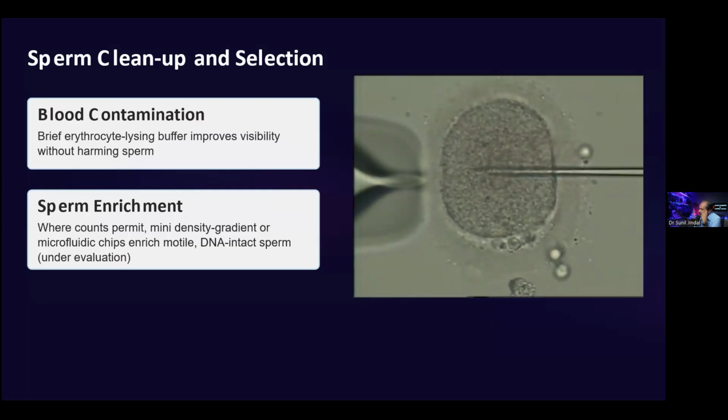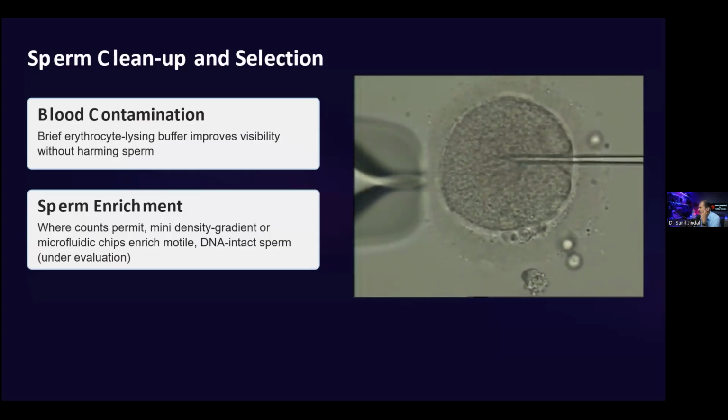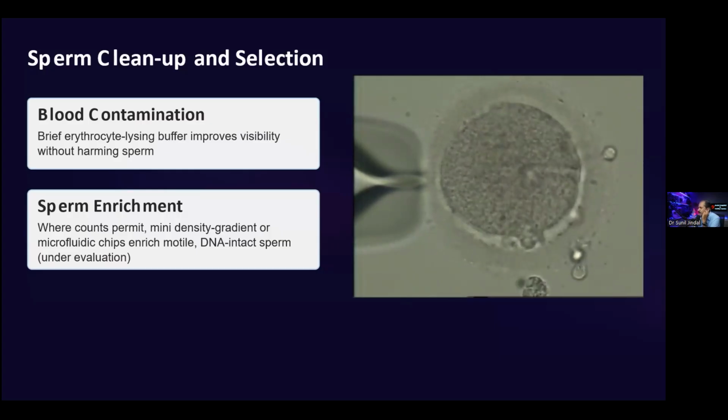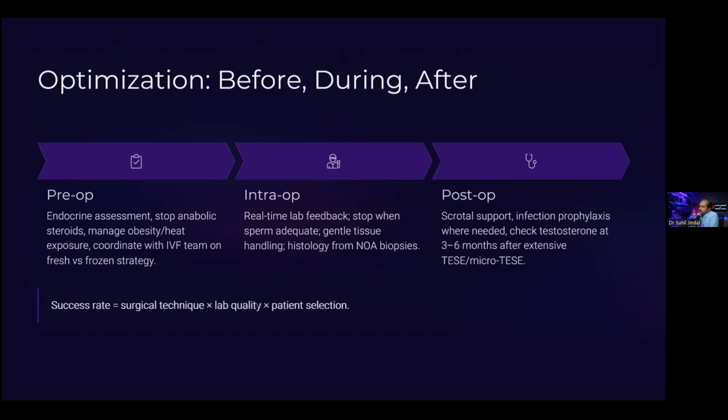So it is a question of finding these sperms, seeing which is the best you can find out of them. At times the number of sperms we get is very less, and inject them into the cytoplasm of the egg. Now MESA is a technique in which microscopically from the epididymis we get a lot of sperms.